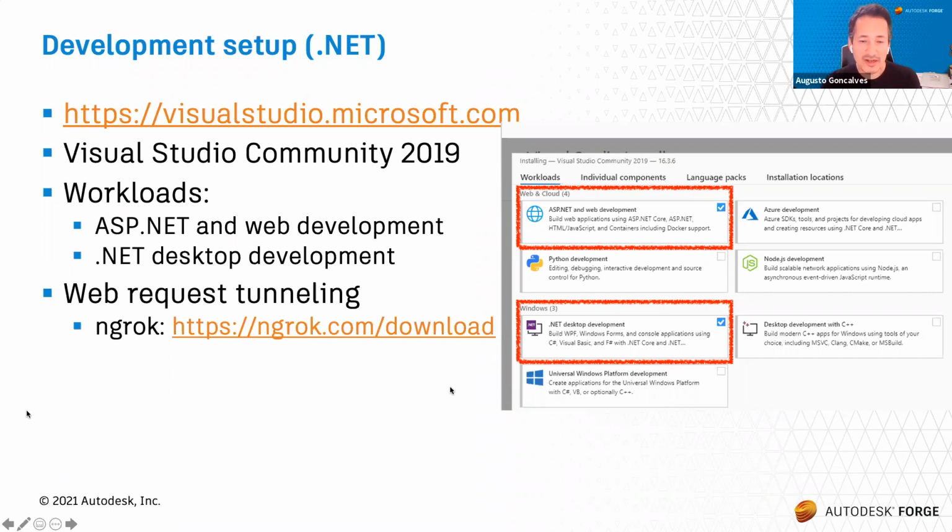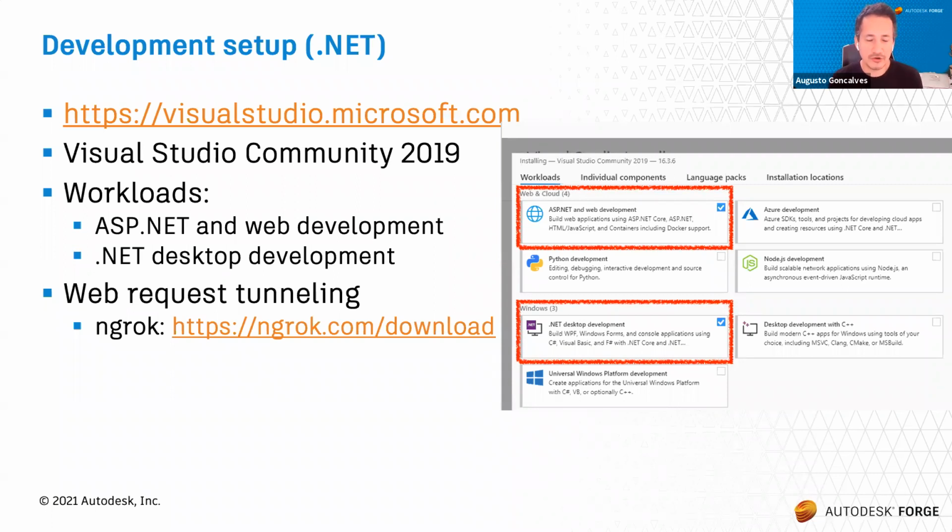Design automation, when it's done, it's going to call us back to notify that the job's done. This is called webhook or callbacks, and to make it work, we need to expose our machine on the web. As our code is running on our computer, which is a localhost, it's not accessible to the web, right?